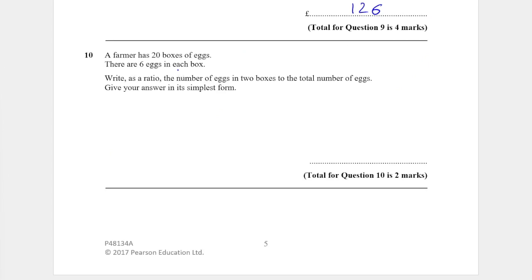Okay, question 10. A farmer has 20 boxes of eggs. There are 6 eggs in each box. Write the number of eggs in 2 boxes to the total number of eggs as a ratio.